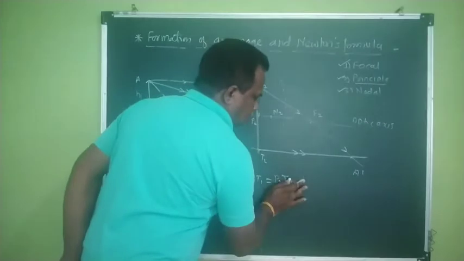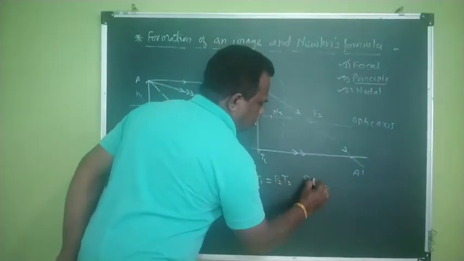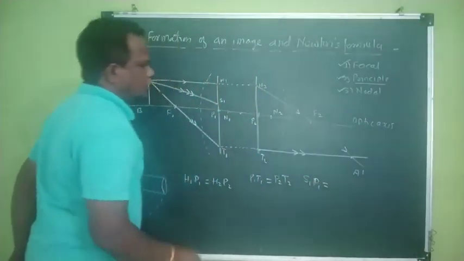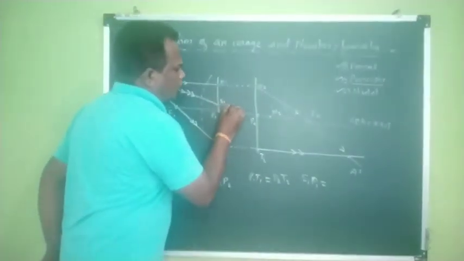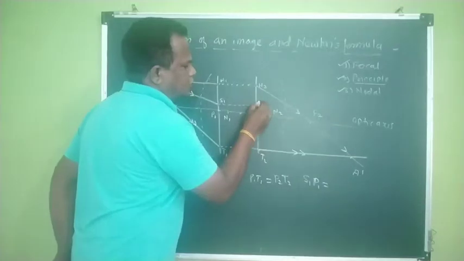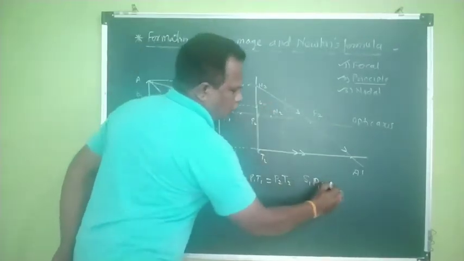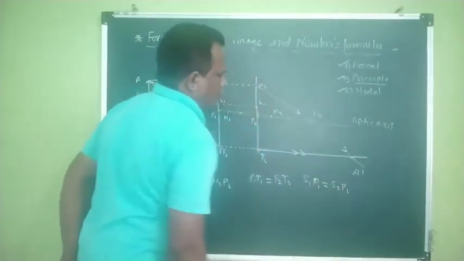So at height S1P1 be the height. Its emergent ray will start from the second principal plane at the same height, S2P2.